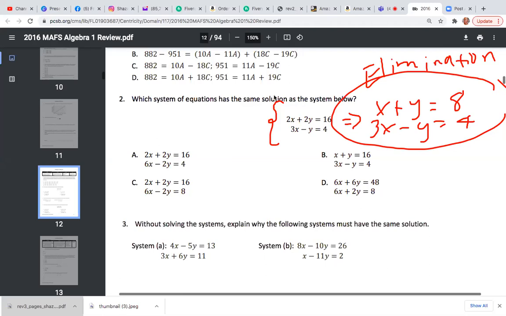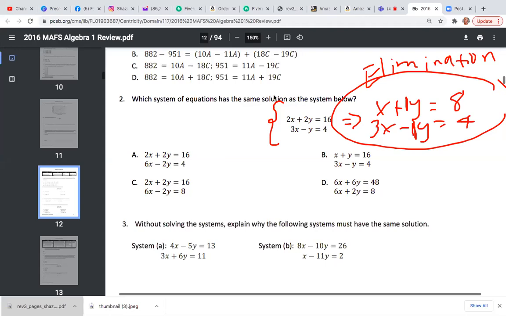What do you guys think? Come on, guys. How about y? Yes, the y variable. The coefficient of the first y is 1, and the coefficient of the second one is -1. So yes, the numbers in front of y are the same, and the signs are opposites of each other.